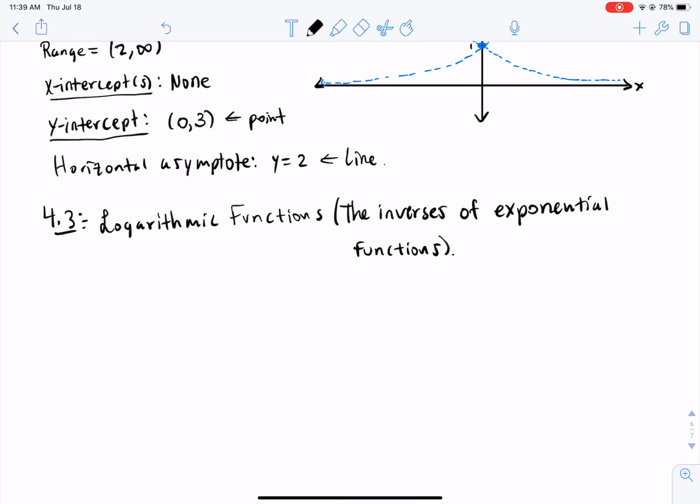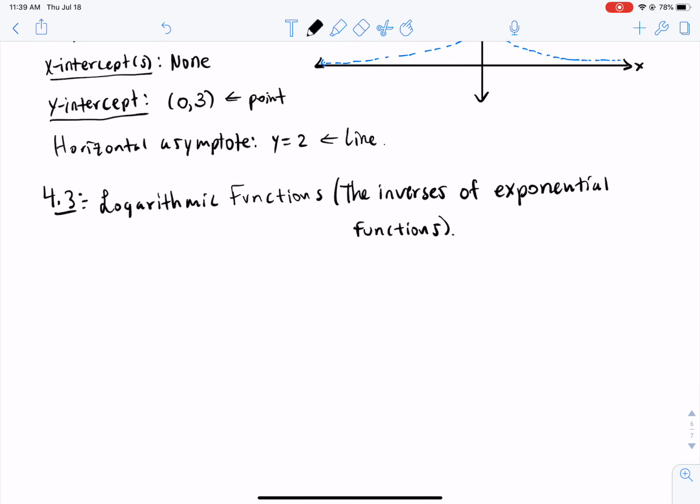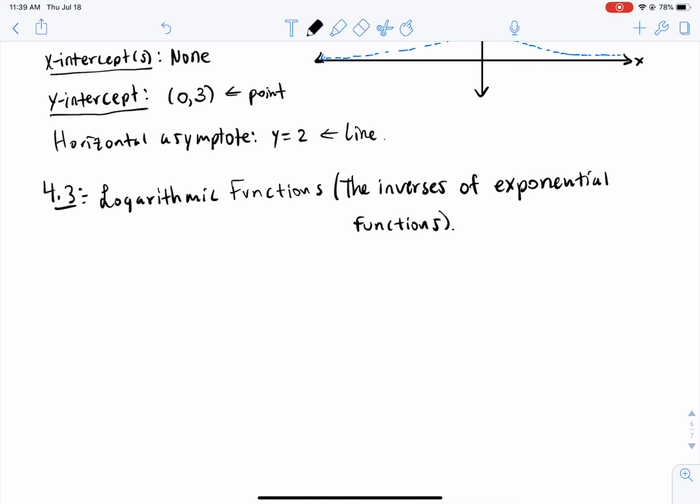So we're going to talk about functions like this one, right? And I'm going to write it like this. When we write y equals log base a of x, we call this a log form, right?